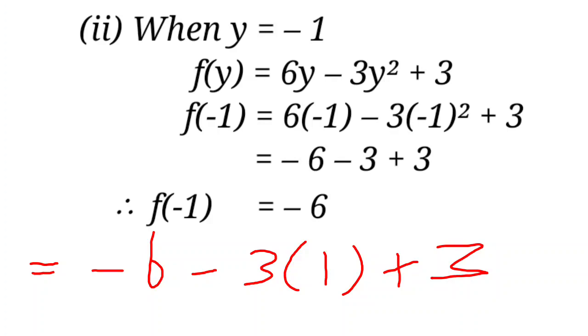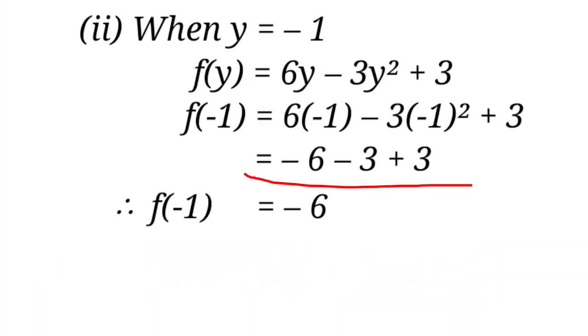Minus 3 into minus 1 the whole squared, we get plus 1, plus 3. Then minus 6 minus 3 into plus 1 minus 3 plus 3. Minus 3 plus 3 cancel. We get f of minus 1 is equal to minus 6. Therefore, f of minus 1 is equal to minus 6.